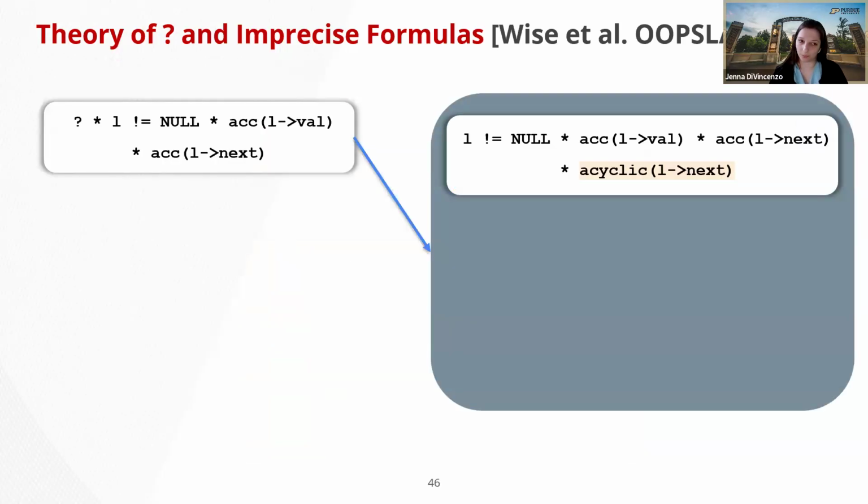So like we saw, based on these conditions, it's totally okay for our imprecise formula to be in a context where it can represent a precise formula containing what we needed, which was acyclic of L or next. That's because this entire precise formula here, I'll get my pointer out, is self-framed, it is satisfiable, and it is preserving the static information in our imprecise formula.